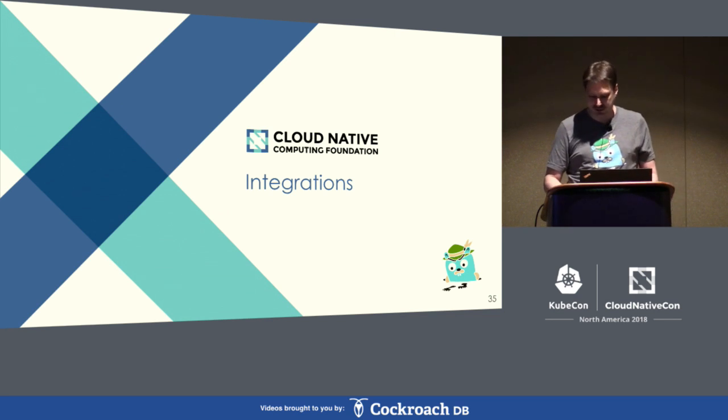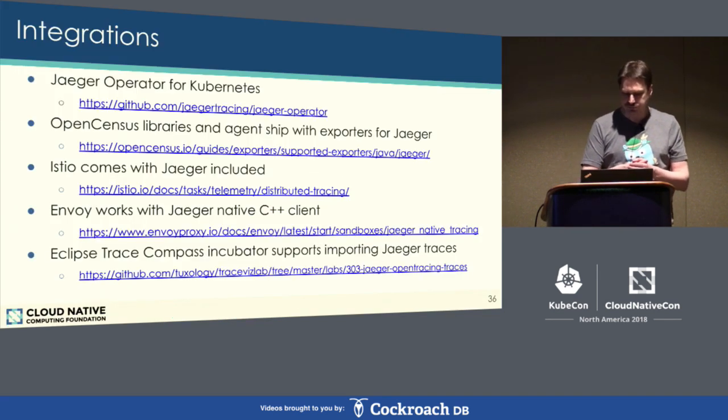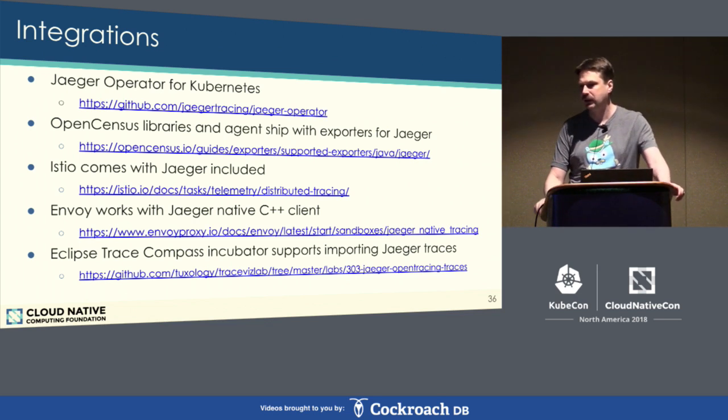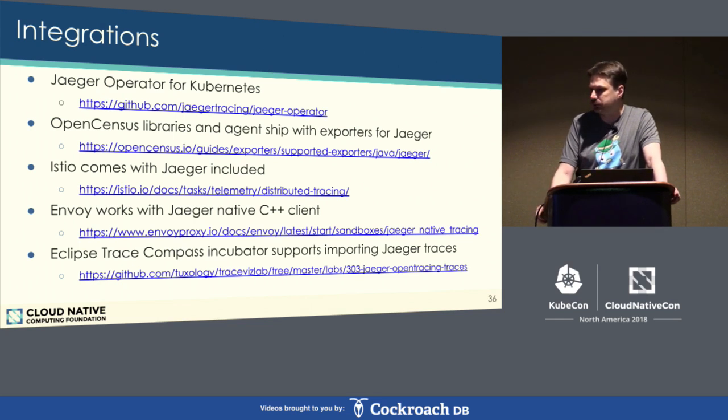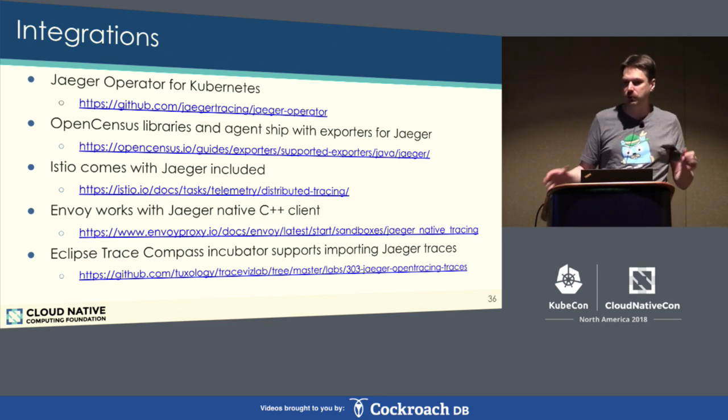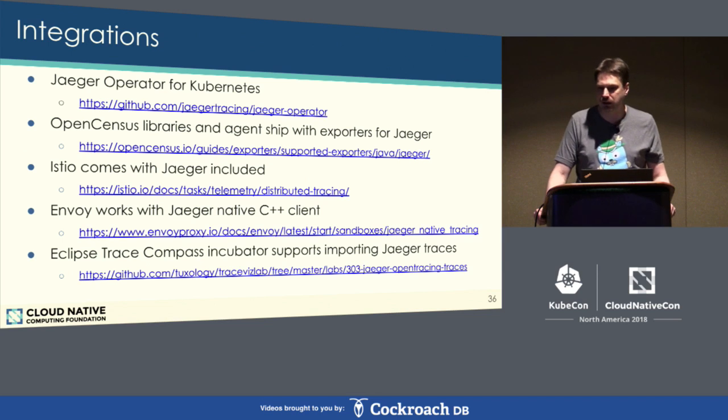Now, as far as the other features, I want to quickly call out a bunch of integrations that have happened over the past year. Recently, the Jaeger operator was released for Kubernetes. We used to have a Helm chart, but I think the operator is a lot easier to use for deploying to production. Then OpenCensus is another project working on the instrumentation side of things, and it has full support for exporting data into Jaeger.